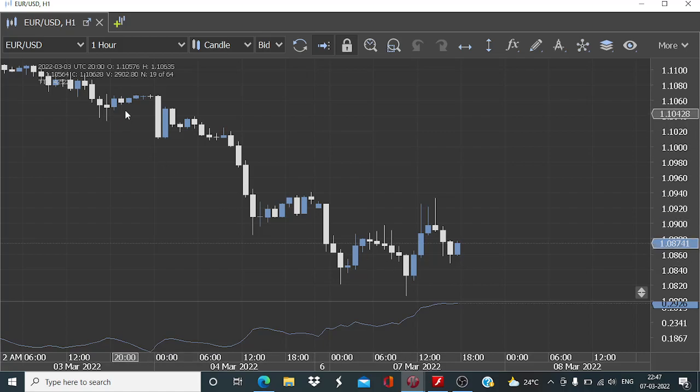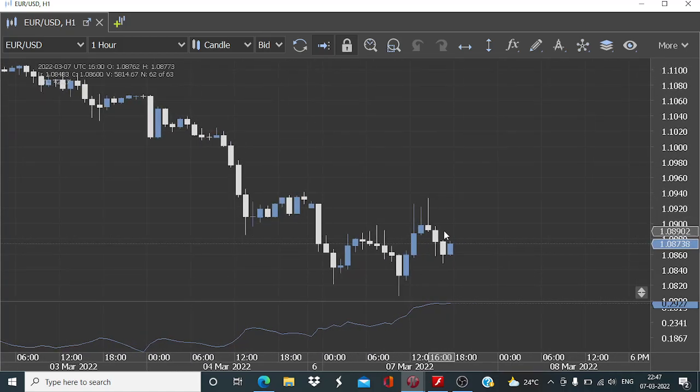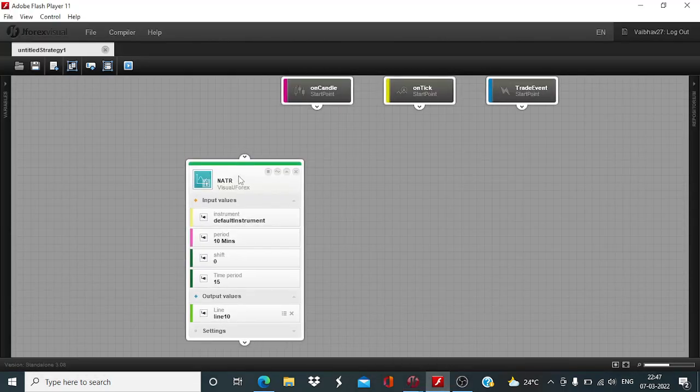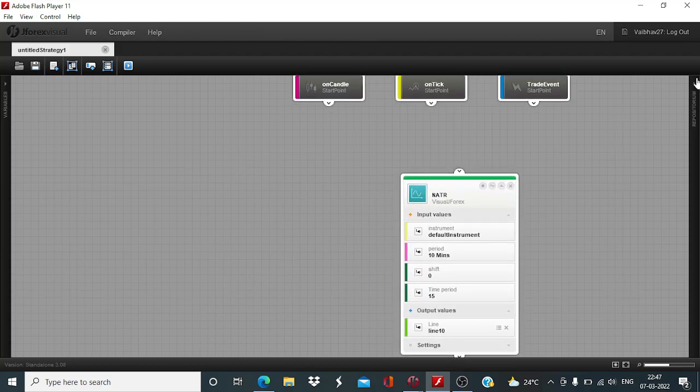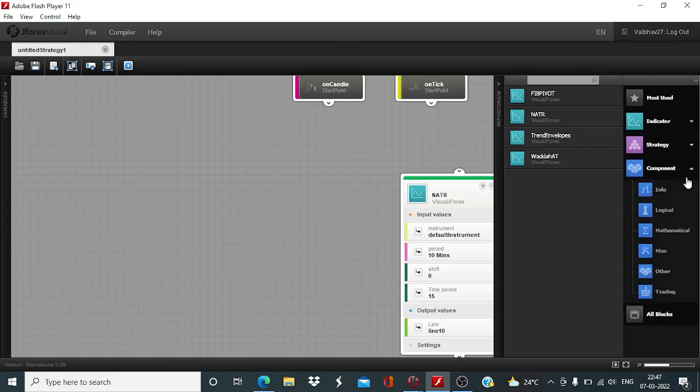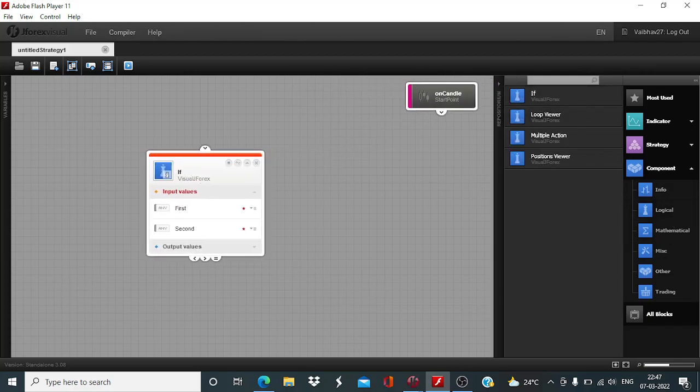Okay, so here we have this, and let us now head back to the Visual JForex board. First thing first, we will have to get the logical blocks in place. So in the component section, you have to drag it down, and the if else statement is listed.